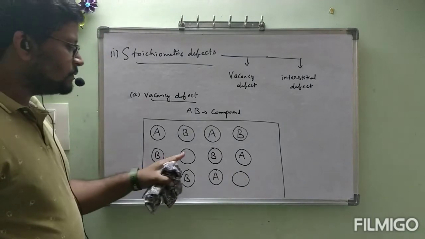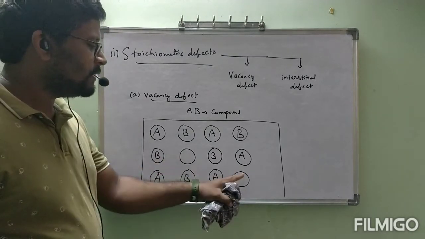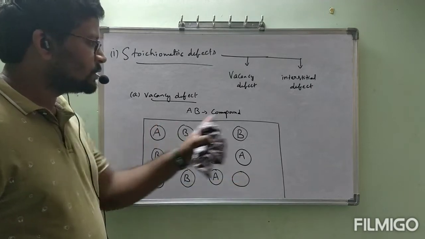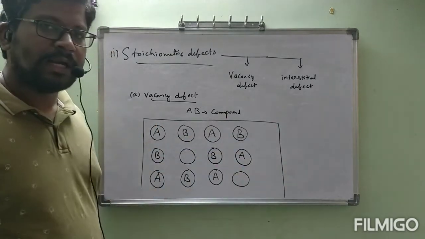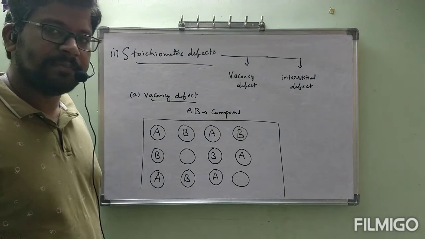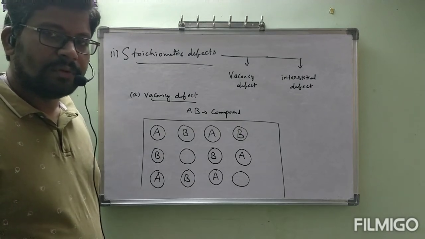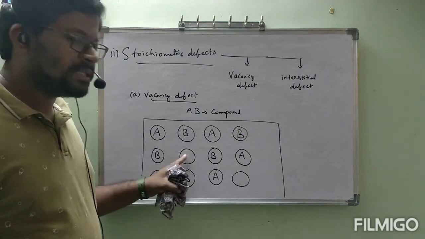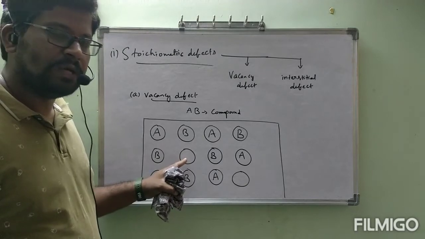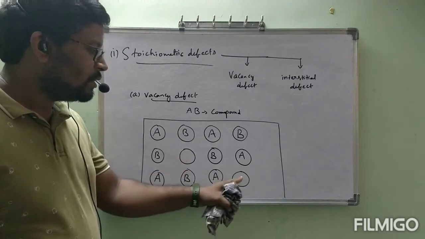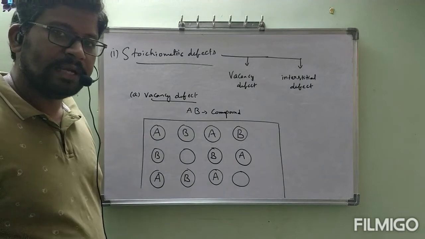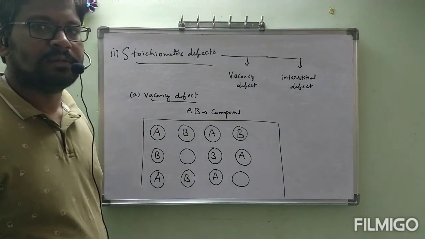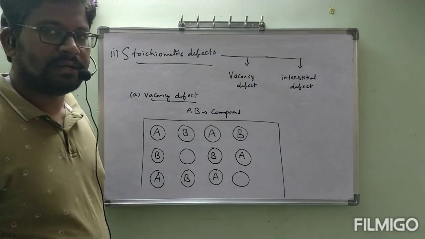Sir, why did you write here A vacant and B vacant? Suppose this total compound contains 100 A and 100 B particles. If only A is missed, or only B is missed, it will not maintain stoichiometry, meaning the formula is not maintained.